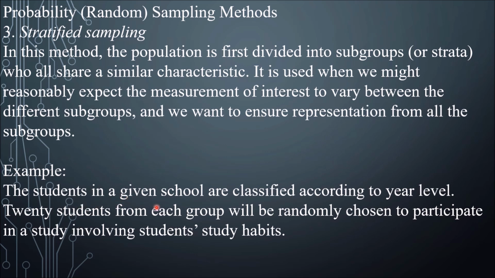Example, the students in a given school are classified according to year level. These year levels are called strata or subgroups. Now 20 students from each stratum will be randomly chosen to participate in a study involving students. So all groups are included in stratified sampling.